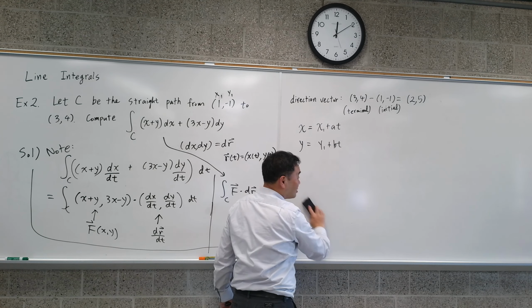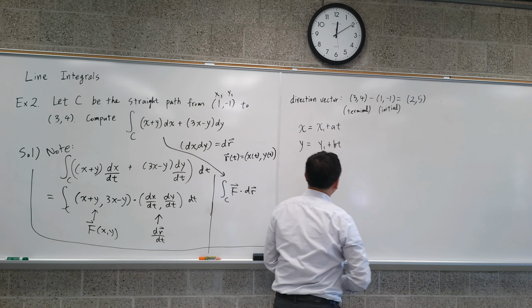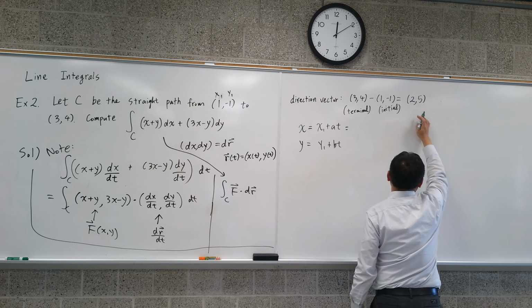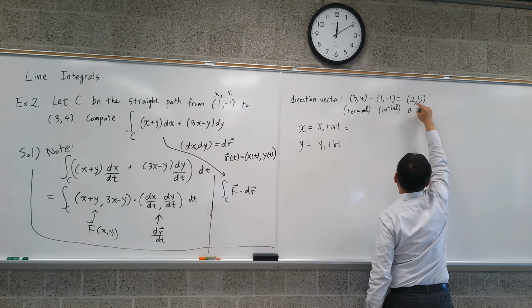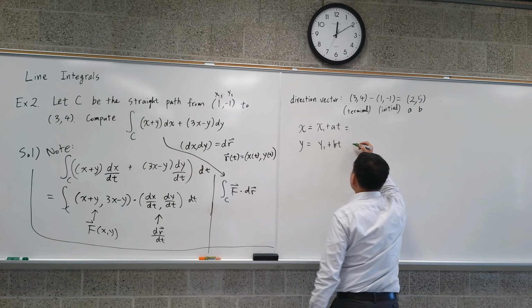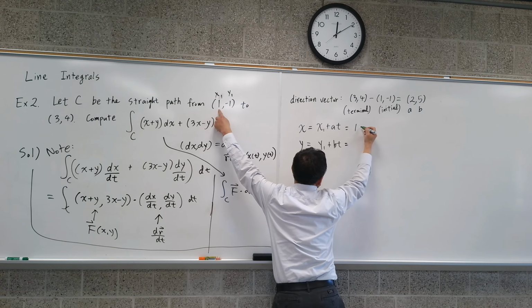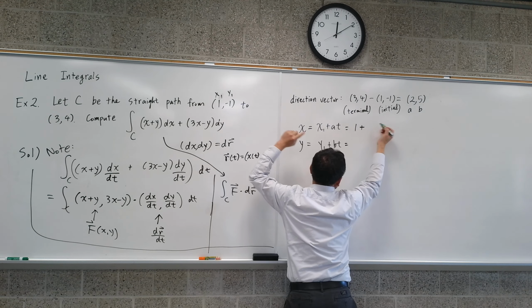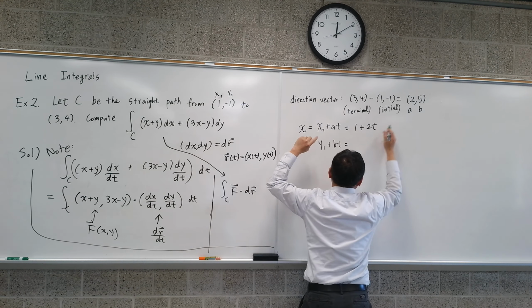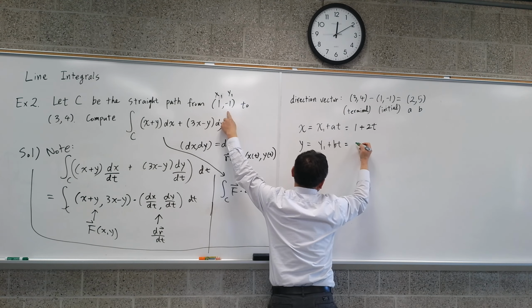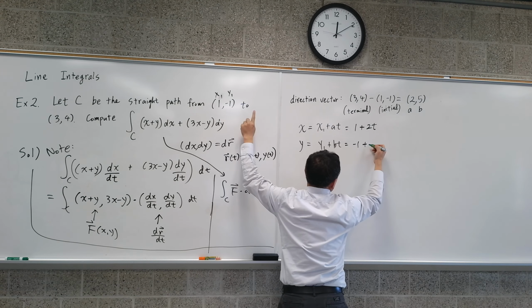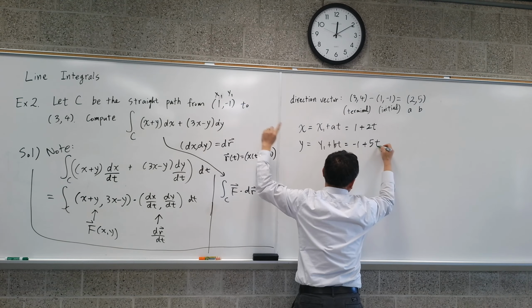So we just have this, and because the direction vector is a comma b, a is 2 and b is 5, here's what we get. We get 1 plus 2t, because a is 2, and y1 is negative 1, plus bt, b is 5, so that's what we get.